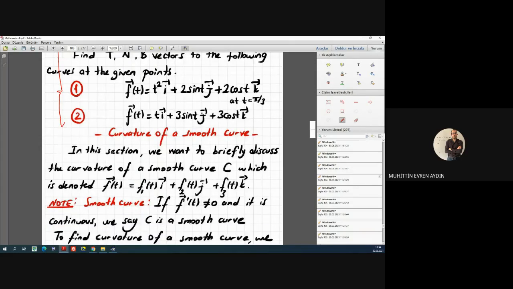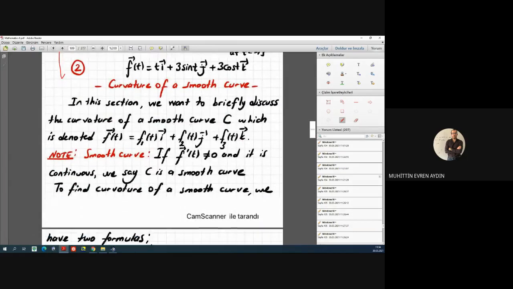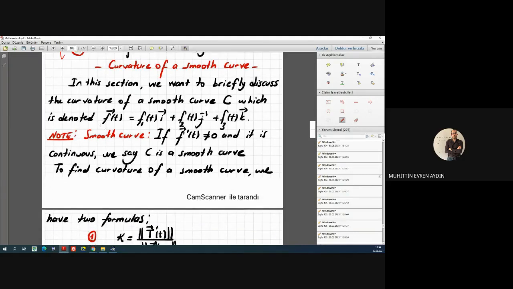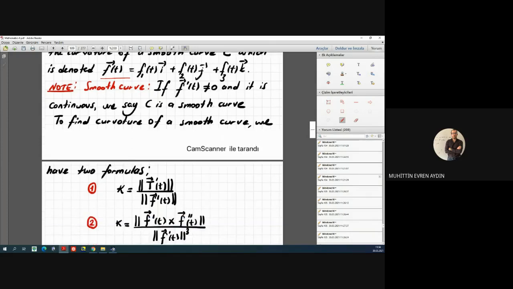The curvature of a smooth curve. In this section, we want to briefly discuss the curvature of a smooth curve, which is parameterized by this vector valued function. If the velocity vector is not zero, then, as emphasized before, it is a smooth curve, or in some books it's called a regular curve.